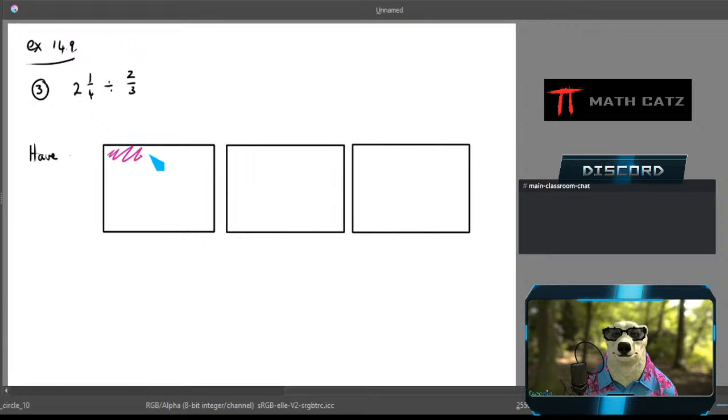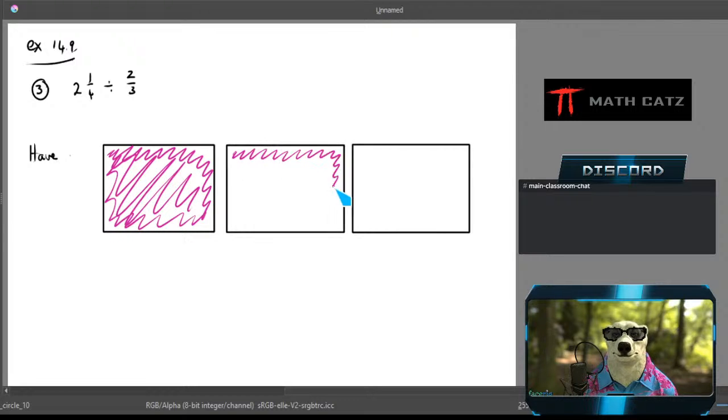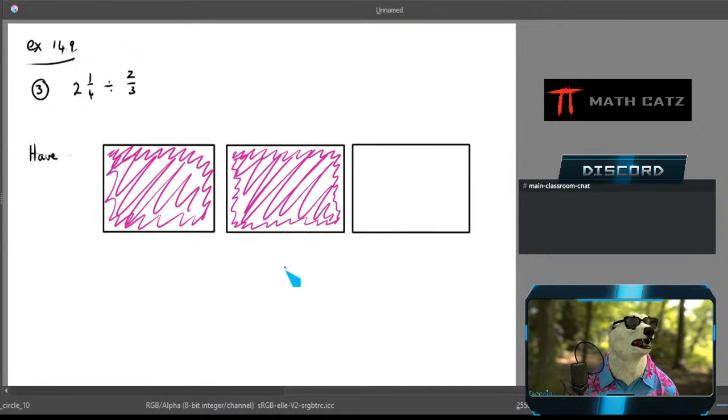I have the whole first two whole rectangles. So at this stage, I see no need to break them up. Of course, with enough experience, having done some examples, I know I'm going to have to. But in the case of addition, I didn't. So it really depends.